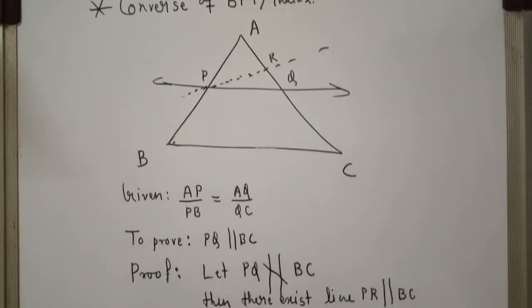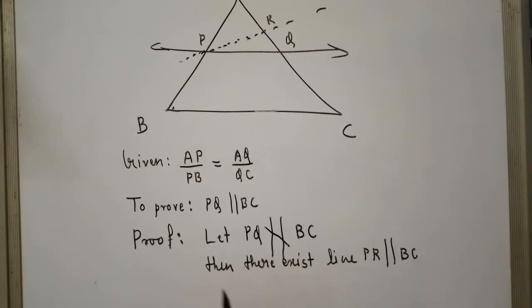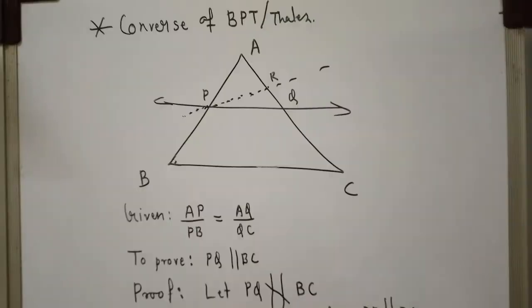So as PR is parallel to BC, therefore by BPT, that is by basic proportionality theorem, in this figure we can write AP by PB equals AR by RC.